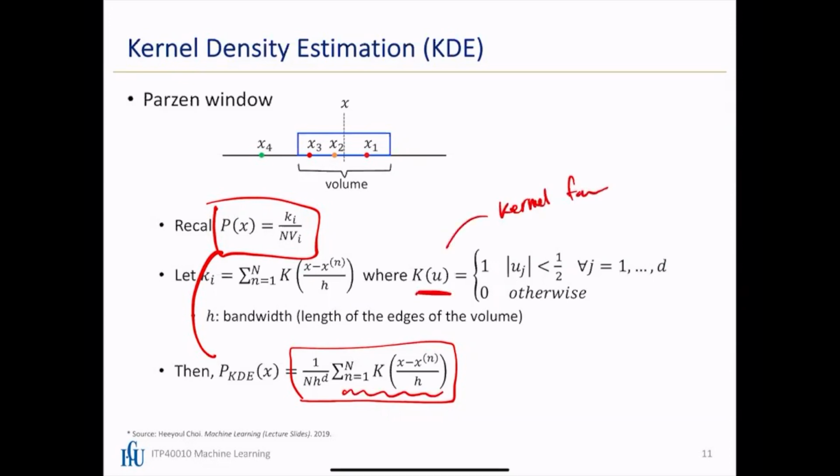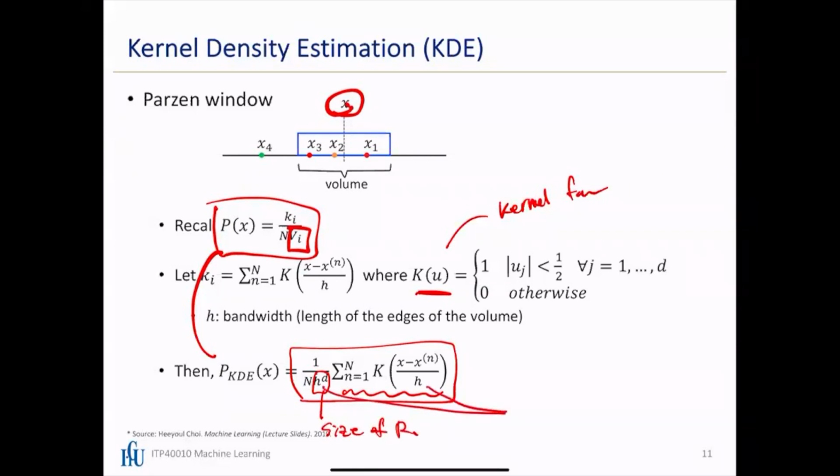Using the kernel function, given an estimating point, you want to count the number of data around it. And this is also updated in terms of Bi: Bi becomes H to the D, representing the size of the bin or the size of the kernel.